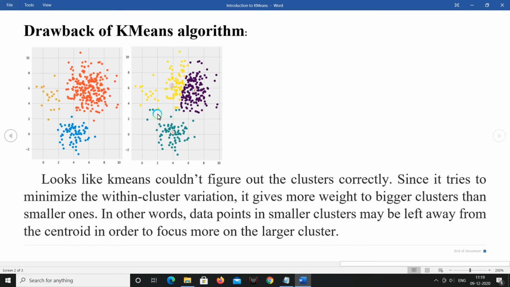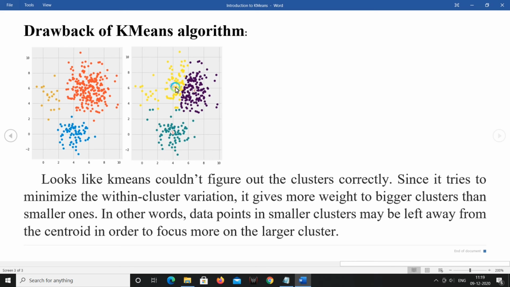Next we'll discuss some drawbacks of the K-means algorithm. In this picture, we can see this yellow cluster is very small in size as compared to the other clusters. When it tries to cluster this type of smaller cluster, it gives some error.